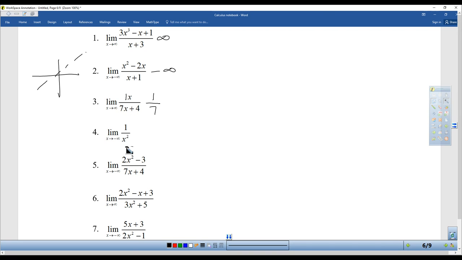This asymptote is 0, so it doesn't matter if you're going to positive or negative infinity. This asymptote is oblique, but we're going to negative infinity, so we're going down. This is 2/3, and this one is 0. You literally should be able to do them just that fast.